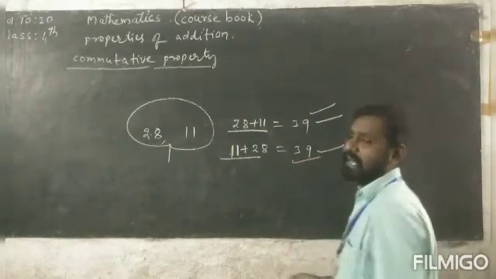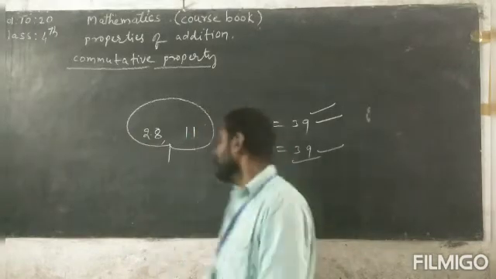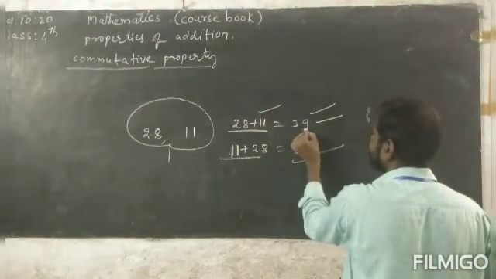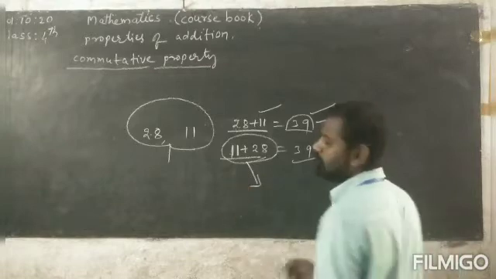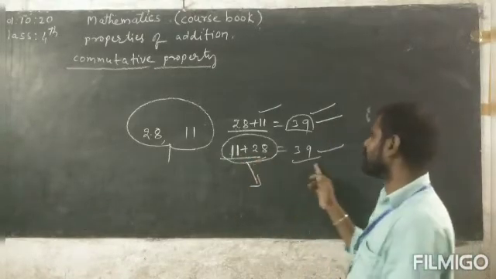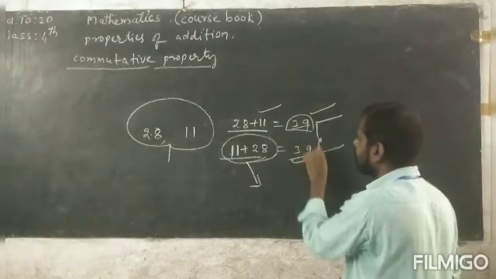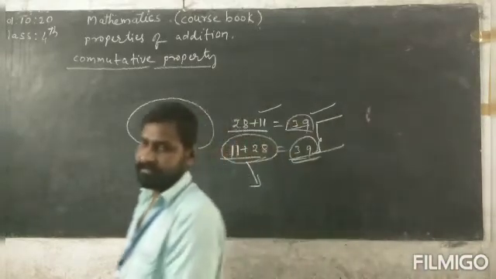Again you get 39. See here, the sum remains the same. Here 39 and here also 39. Then it is called commutative property.